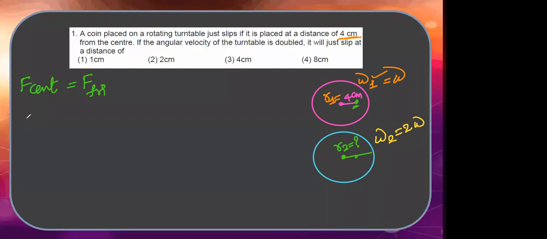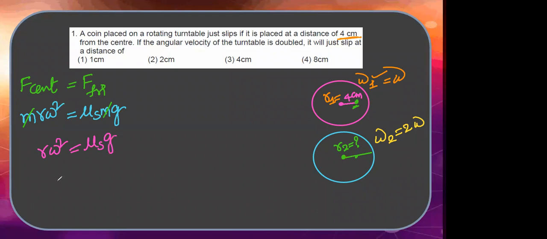Centripetal force F is equal to m r omega square. What is the frictional force? Mu s m g. From both sides we may cancel the mass m. Then r omega square is equal to mu s into g.